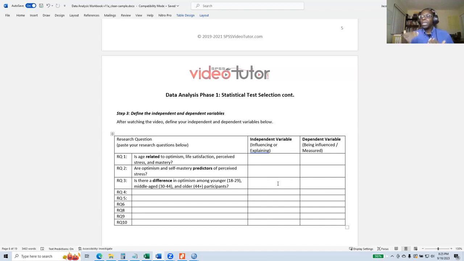So what do we believe is influencing the other? Do we believe that optimism is influencing age, or do we believe that age is influencing optimism? Okay. So is age the independent variable that is influencing optimism, or is optimism the independent variable that is influencing age? So if you think it's age as the independent variable, type in an A. If you think it's optimism, type in an O.